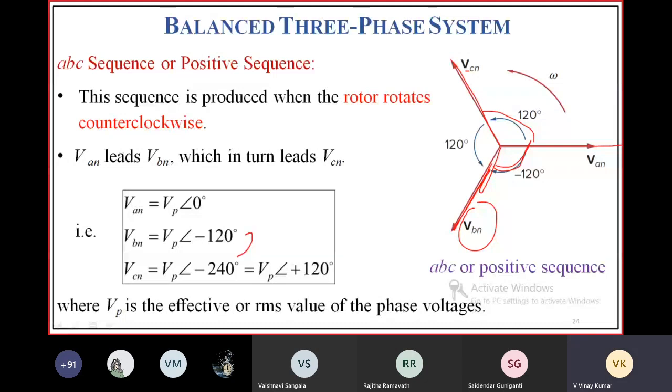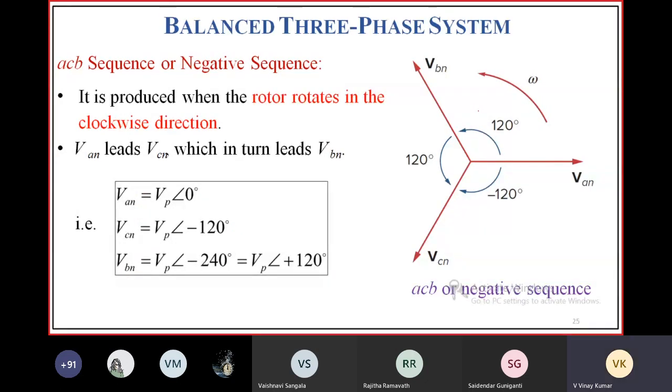Now we can also say like this: VCN leads VAN by an angle 120 degrees. That's why it is written like this: VP at an angle plus 120 degrees. This is also right, because VCN leads VAN by an angle 120 degrees from the phasor diagram.